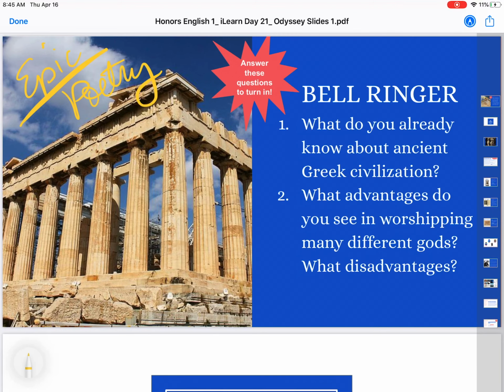So for starters, I will be asking questions within the slides whenever I give you slides, which won't be every day, but you'll have some slides. And when I do, you should look for these symbols, okay? These symbols show you what I expect you to answer. There will be a document on Classroom, and it should be titled Honors English 1, I Learned Day 21 Questions or something like that.